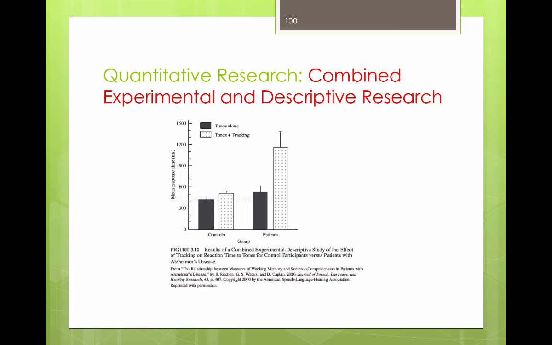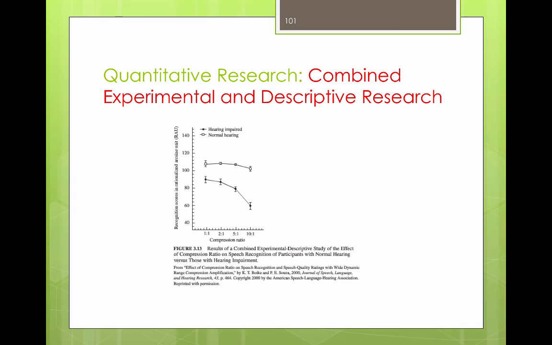So we have the attributes, controls and Alzheimer's disease, and then we're manipulating an independent variable, tones alone and tones versus tracking. So you see how we have descriptive, which is the attributes of the groups being studied, and then experimental, looking at tones and tracking on the dependent variable.